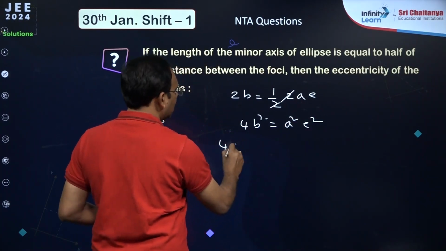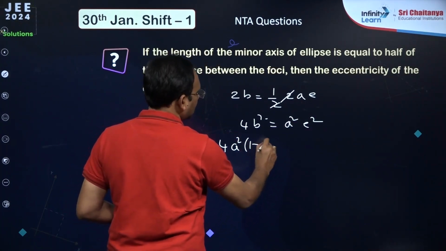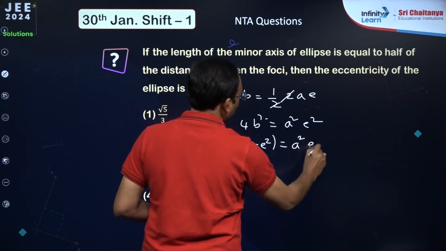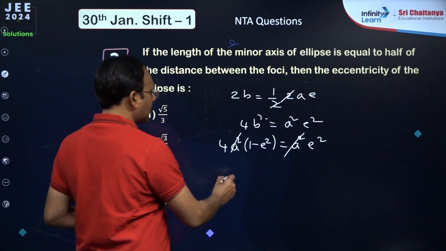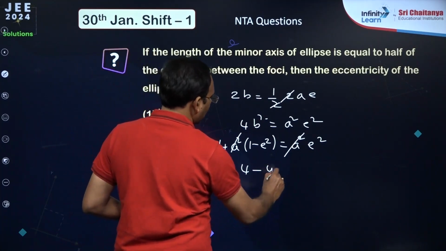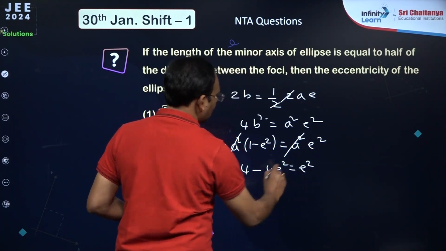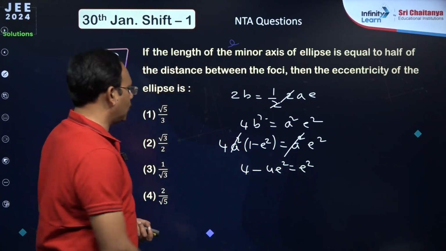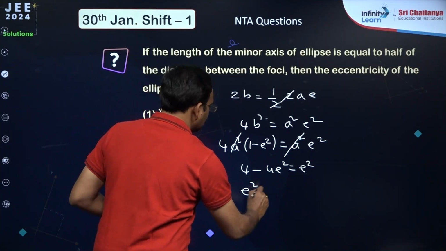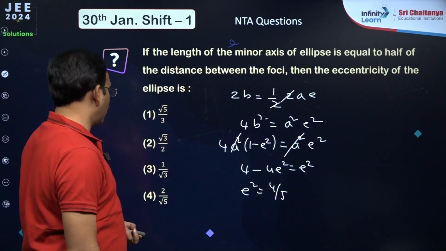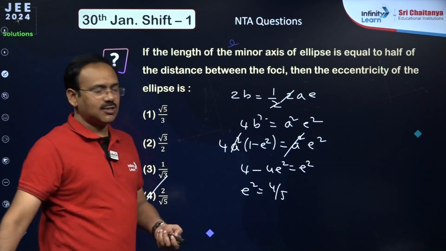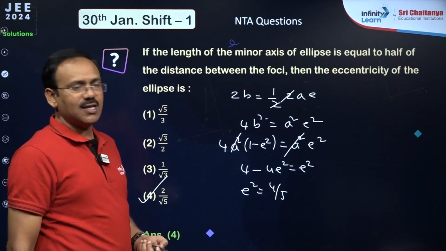We also know that b square is a square into 1 minus e square for an ellipse. You will get a square cancelled. You will get a relation like 4 minus 4 e square is equal to e square. 5 e square is equal to 4. So e square is equal to 4 by 5. E is going to be 2 by root 5. The fourth option is the right answer, dear students. That's what is given.